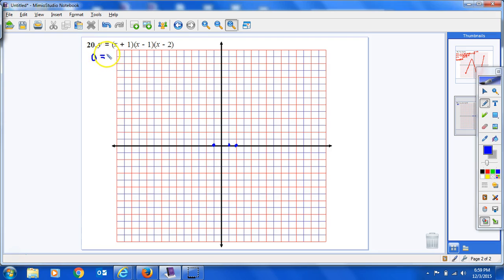All right, so we just did this part. We let y be 0, and we found out what number in each binomial would create 0. Let me write that out again. Okay, so that was easy enough. So now let's just get the y-intercept by letting x be 0.